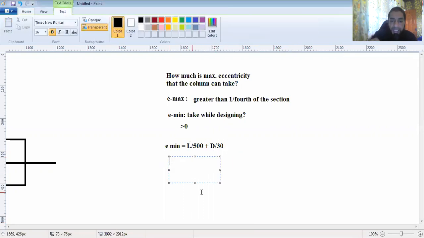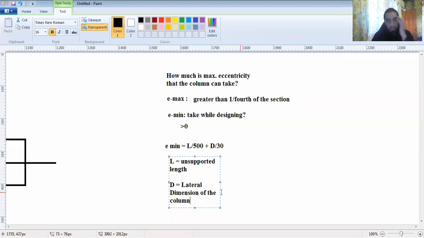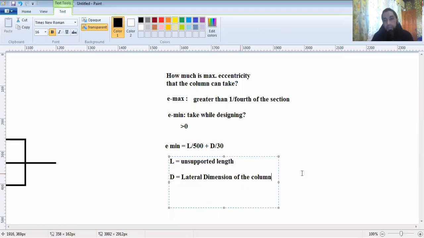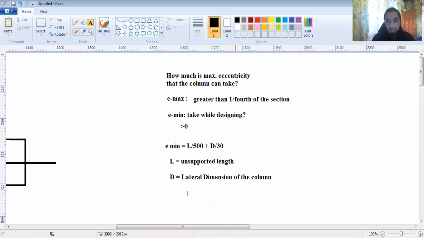Here L is the unsupported length, I will explain that to you, and D is the lateral dimension of the column.